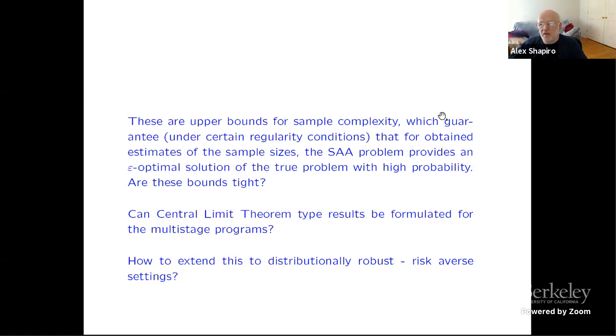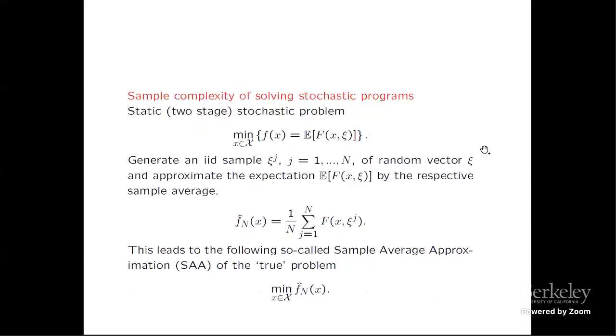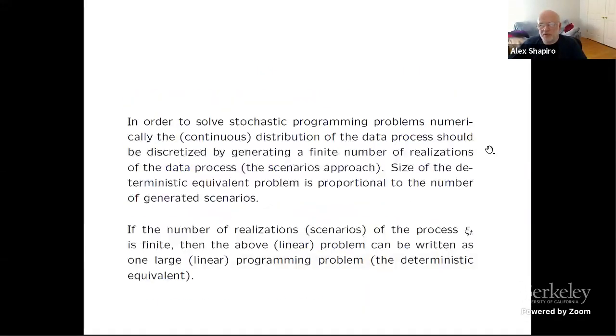Okay, thank you. So I will talk now about multi-stage programs, when we have many stages. In order to do something positive, we need some structure, because the original problem is almost hopeless.